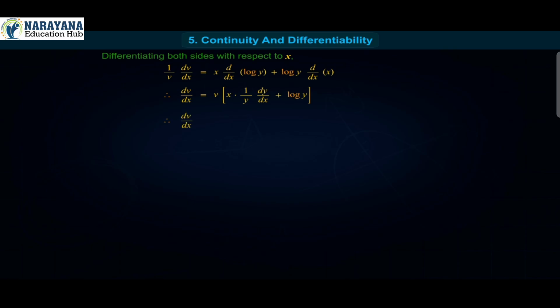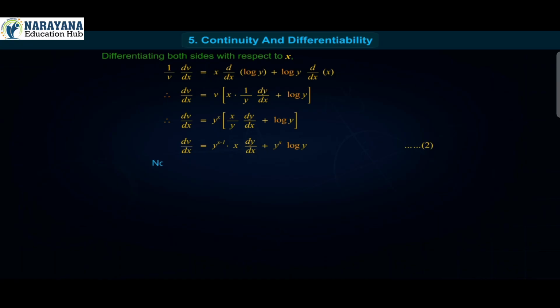Therefore, dv/dx = y^x (x/y dy/dx + log y). dv/dx = y^(x-1) x dy/dx + y^x log y.